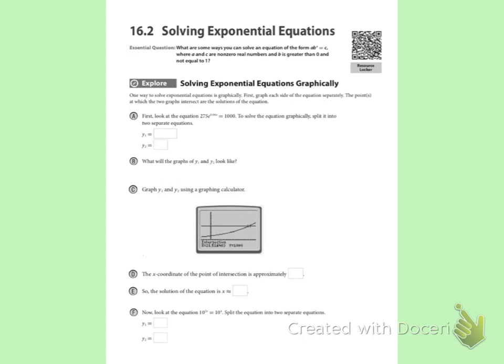So first look at the equation 275 times e to the 0.06x power equals 1,000. When I read that, I think, well, that's e, so it's something that's growing continuously. That's like the A equals P e to the rt formula, or the V equals P e to the rt power.